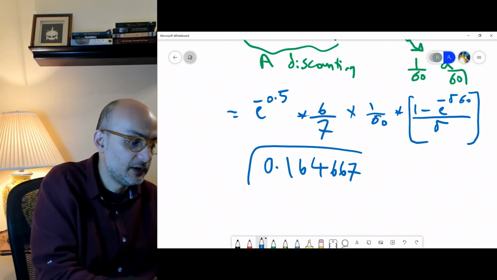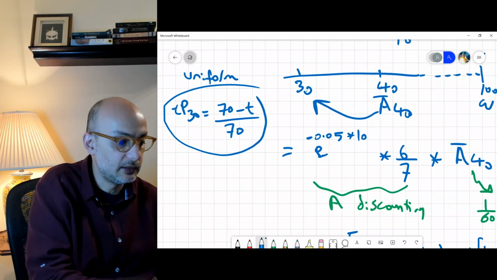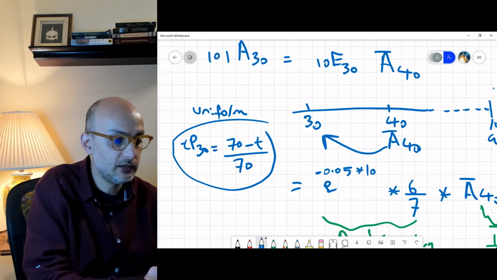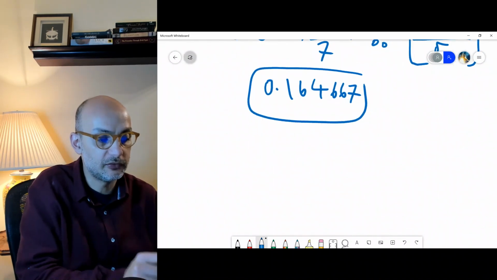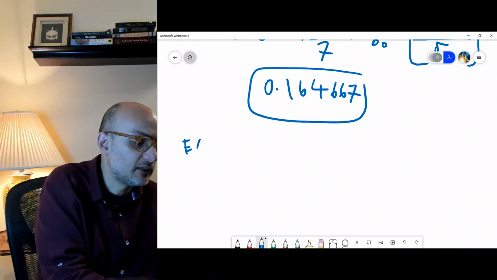So the deferred annuity, deferred for 10 years, will be this value. Exponential is easy. Let's take another exponential, example 2.